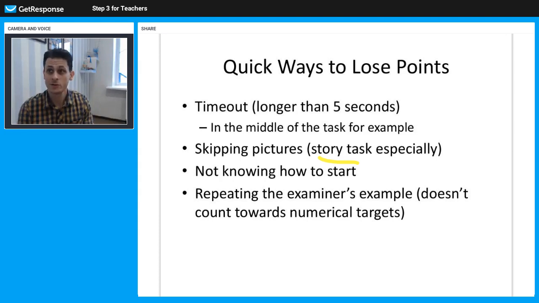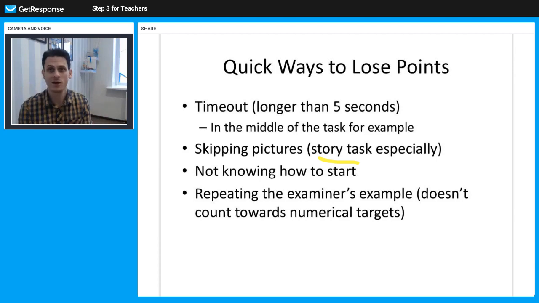The other way to lose points, of course, is not knowing how to start, and this is especially difficult with the story. So make sure that we have the students listen to my beginning of the task, and then have them say something. Even if it's, this is Jack, or he is in picture 2.